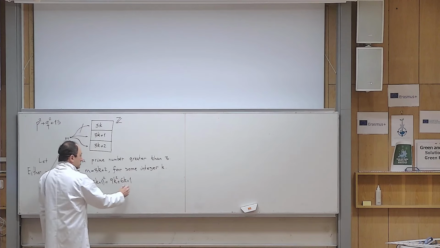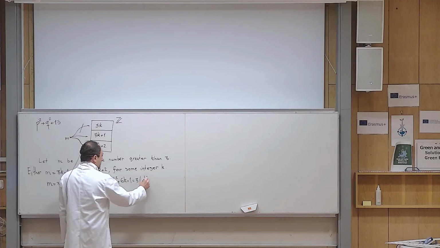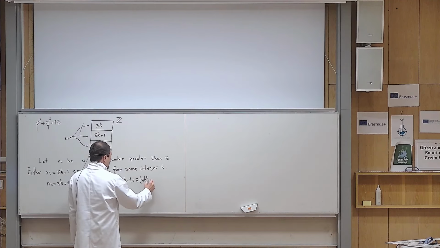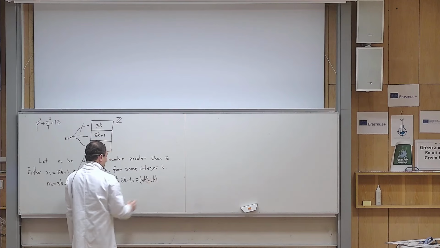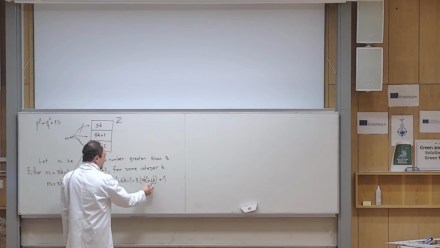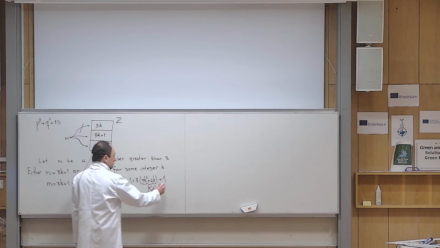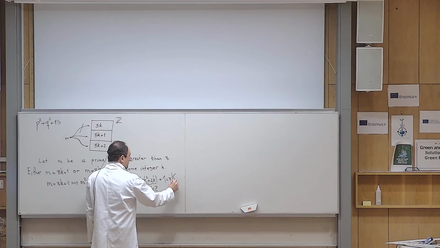But between the first two, I can factor a 3 out. Then I will have 3 times (3k squared plus 2k), and then plus 1. But k is an integer, so this combination is definitely an integer. Let me call it capital K. And capital K is an integer. So it becomes 3K plus 1.